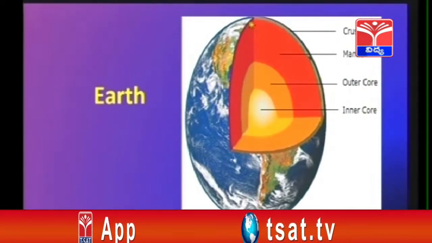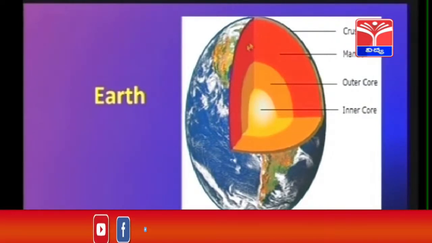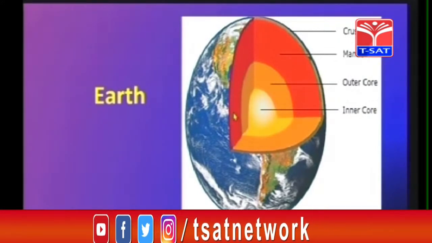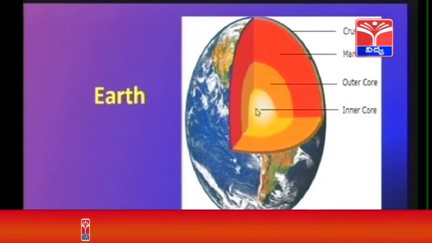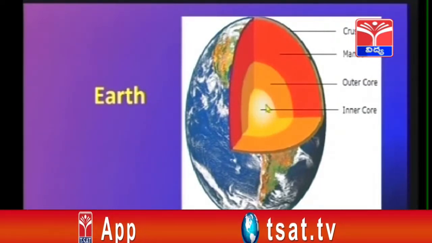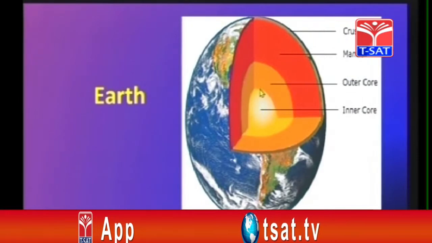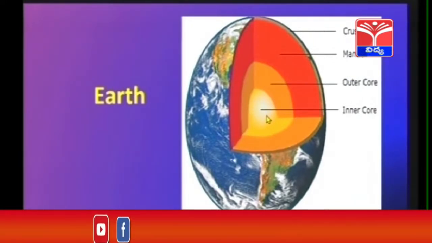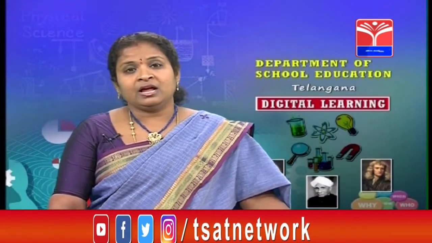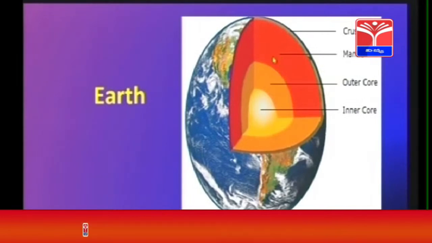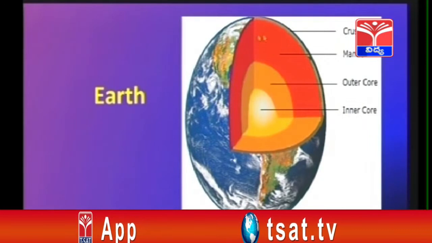On this crust we can see life, and when you go inside, the mantle has a semi-solid flow of matter, and the inner core is in the liquid state because of the high pressure and temperature. Now this inner core contains a lot of iron, and it has lava in it, and when it flows into the mantle, this lava keeps flowing from one place to another place.